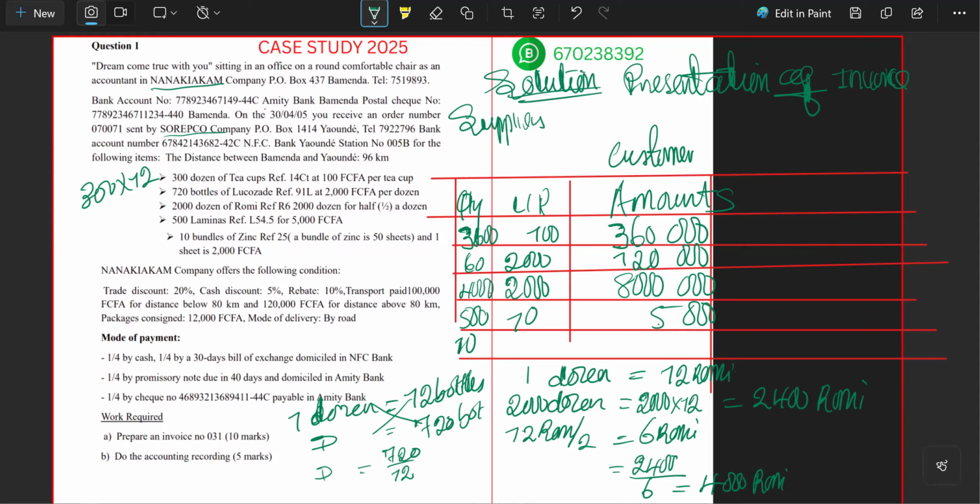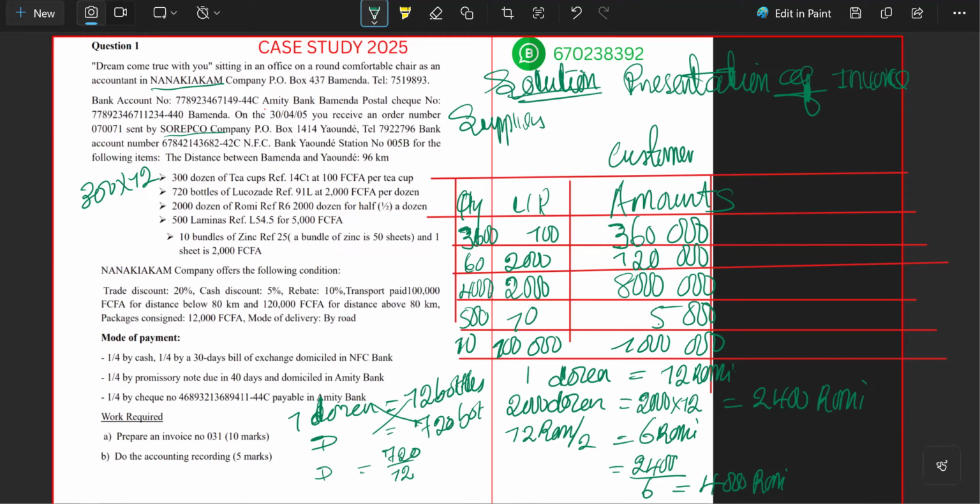So now the unit price should be, we're going to take 50 times 2,000. So let's take 2,000 times 50. So the unit price should be 100. So here we have a unit price of 100. So when we multiply this time, you should have 1 million.